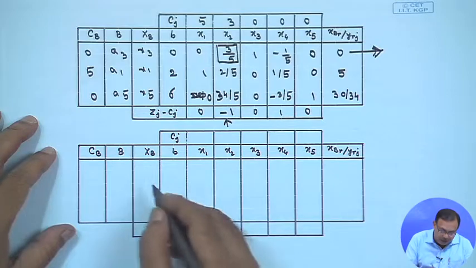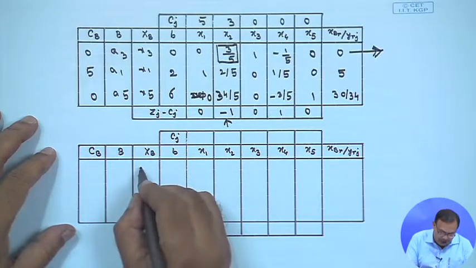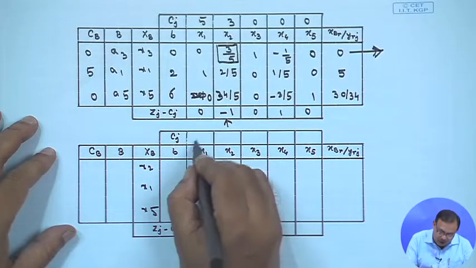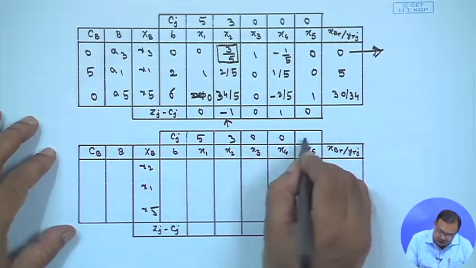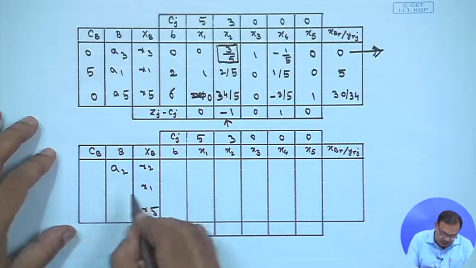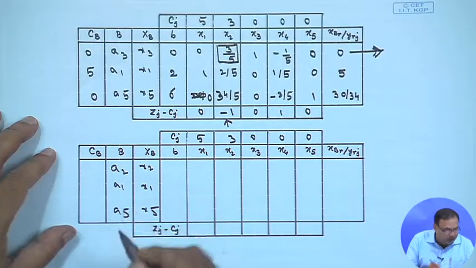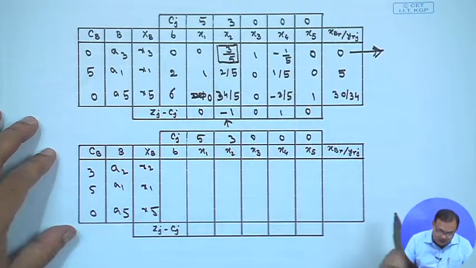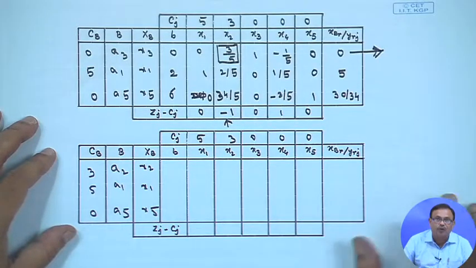In the next table, your x3 is going out, it will be replaced by x2. So, x2, x1, x5, 5, 3, 0, 0, 0 and CB is A2, A1, A5. These values are 3, 5 and 0. So, the pivot element will be 1, all other elements of that column will be 0.